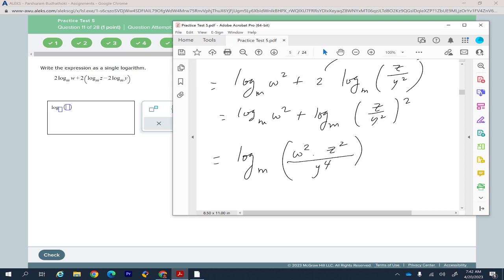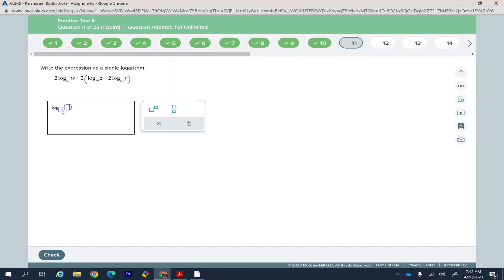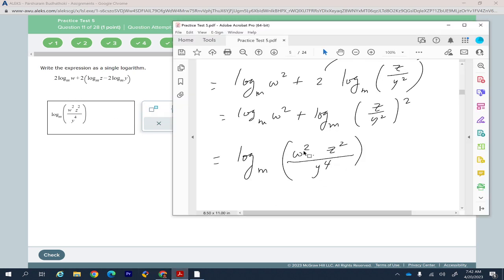So log base m of w squared z squared divided by y to the power 4. Let's double check. W squared z squared divided by y to the power 4.